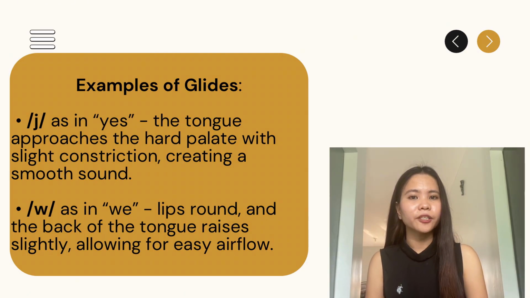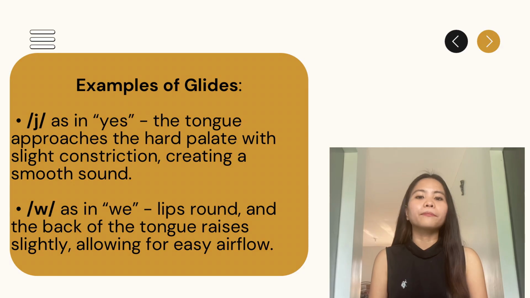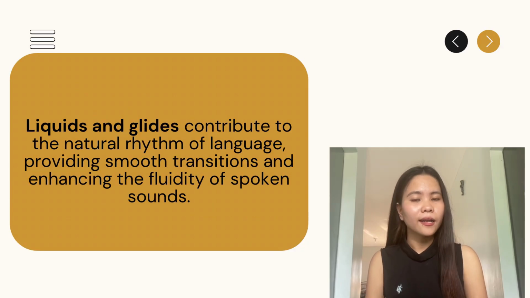The manner of articulation gives glides their characteristic smoothness as they transition effortlessly between consonants and vowels. By understanding how liquids and glides shape airflow, we gain insight into how these approximant sounds contribute to the fluidity and natural rhythm of spoken language.